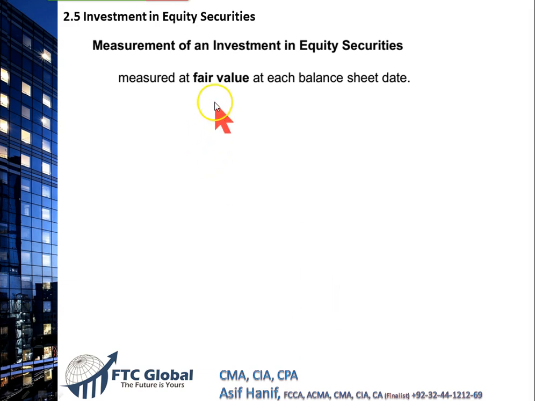Under the fair value method, we remeasure the investment to fair value at each balance sheet date and any subsequent reporting date. Any gain or loss on remeasurement is reported as a part of income statement. We'll discuss it in detail. So this gain or loss is called unrealized holding gain or loss.